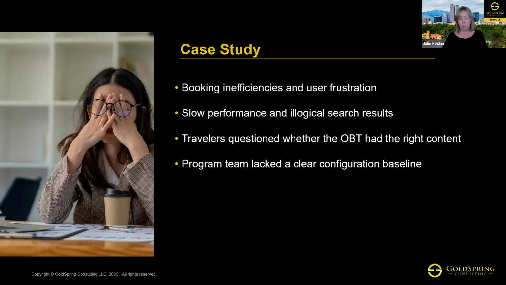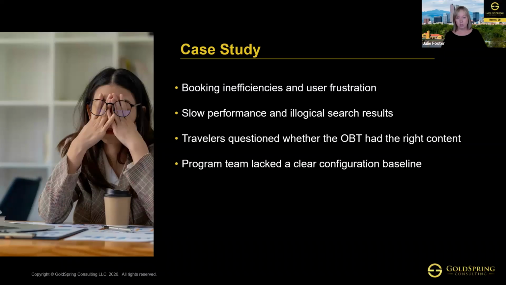Travelers were seeing slow performance, but also illogical results, which led them to question whether the tool contained accurate and complete content. Once travelers feel the need to verify every result on another website or on an airline website, then booking outside that managed channel becomes more likely. They lose trust in the system.